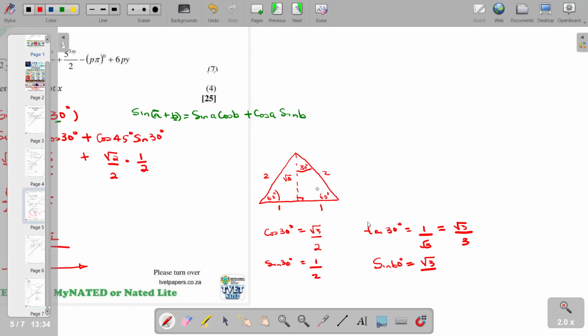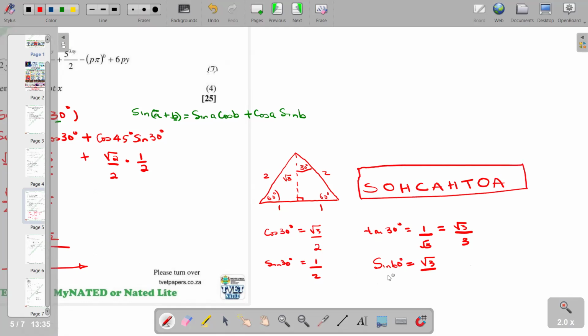the hypotenuse. We are using trig ratios. Sine is equal to opposite over hypotenuse. Cos is equal to adjacent over hypotenuse. Tan is equal to opposite over adjacent. This is what we are using to simplify that.